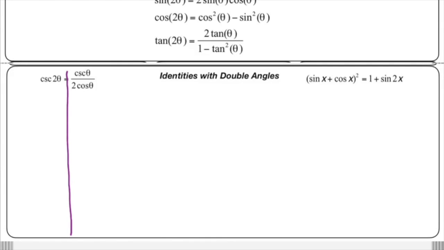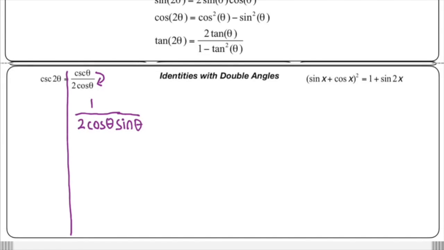So, for example, this guy over here, we got cosecant on top, and we got this business of 2 cosine on the bottom. So what I'm going to do is turn the cosecant into 1 over sine, which is its definition, and that's going to give me 1 over 2 cosine theta sine theta.